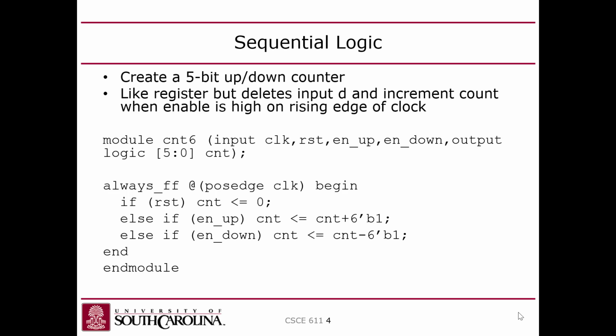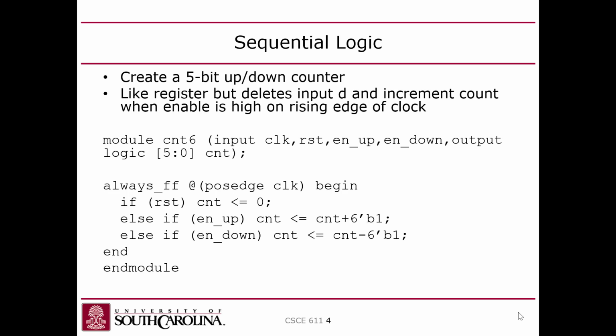Okay, here's another example of a Verilog module that has state. This is a 6-bit counter. It has a clock input, a reset input, and then these 2 additional inputs for enable up and enable down. And then there's a 6-bit output called count.